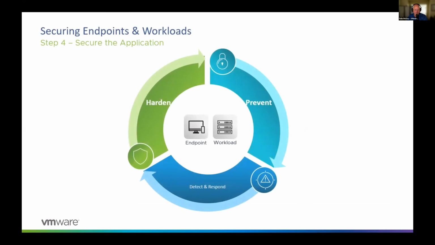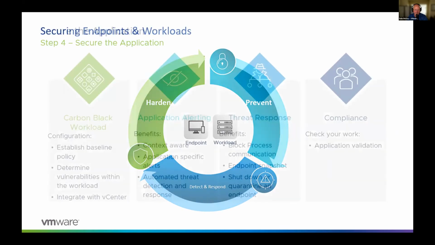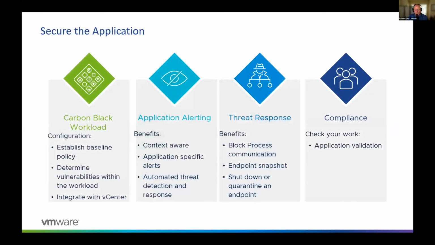All right, let's take a look at how we might go about securing the application. One of the best ways to secure the application is to utilize our Carbon Black Workload product. This product is the development, or the integration, of Carbon Black into that AppDefense platform. What it does is it allows us to establish a baseline policy across our entire data center.